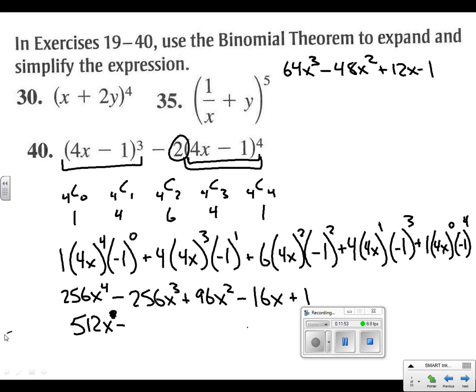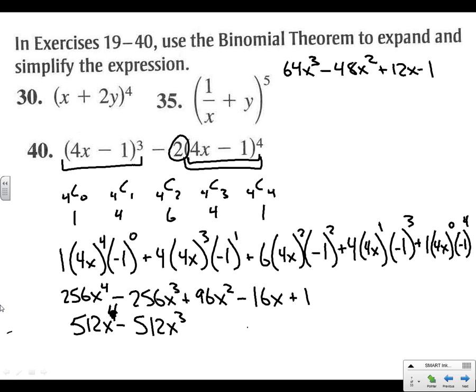Minus also 512, that's the 4th. x to the 3rd. 96 times 2 is 192. Minus 32x plus 2. And so we're going to subtract this from the original.